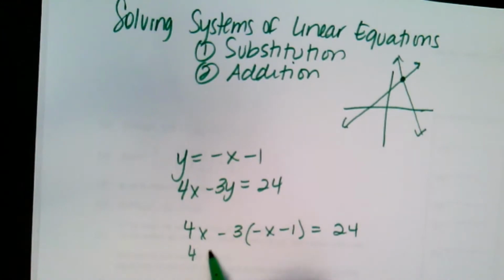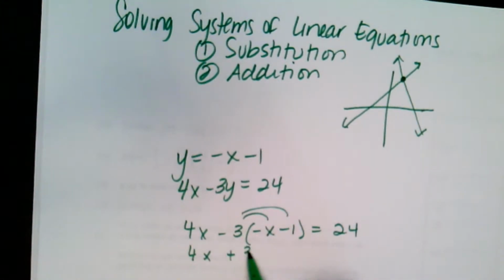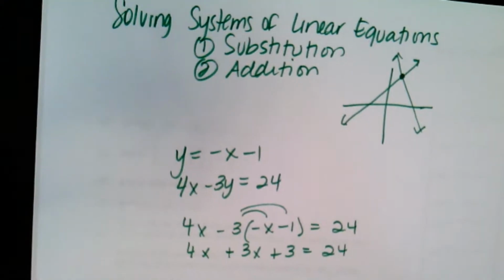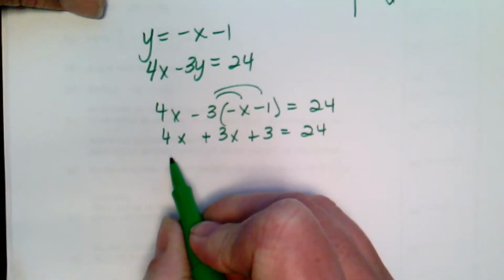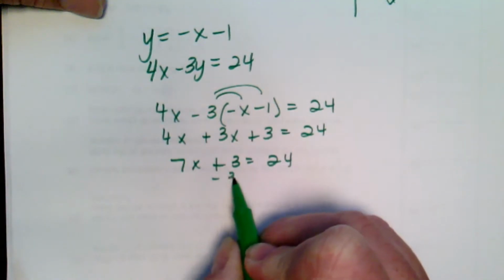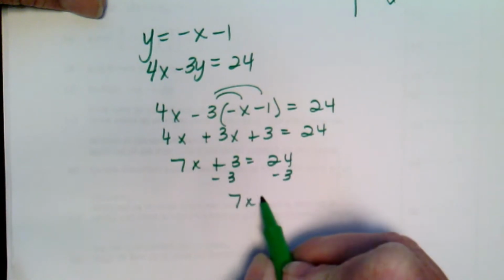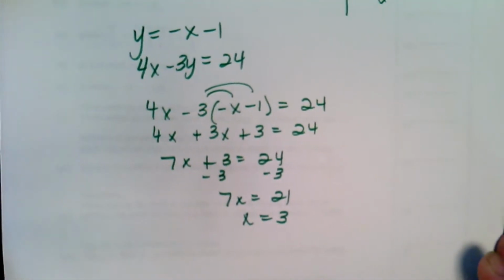Then I'm going to solve it, which means I'm going to distribute first. Simplify it. Subtract 3 from both sides. So we get the answer of 3 for our x.